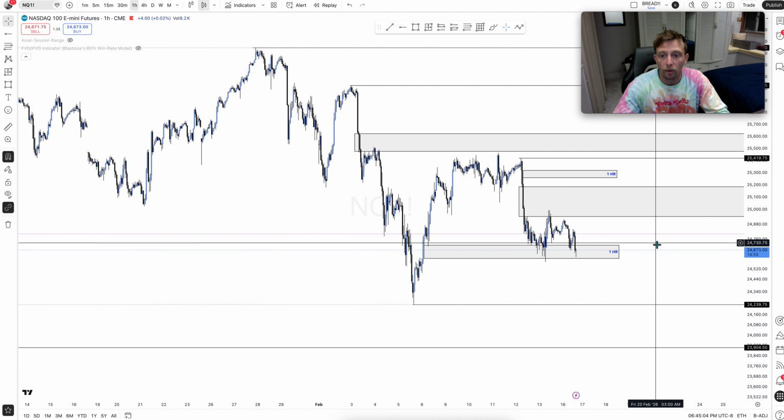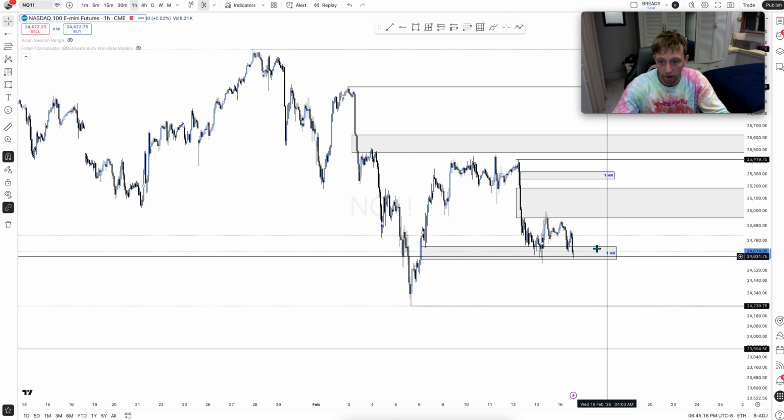Okay, now the next thing I'm going to do is see if there's any 15-minute fair value gaps that coincide with these 1-hour gaps.